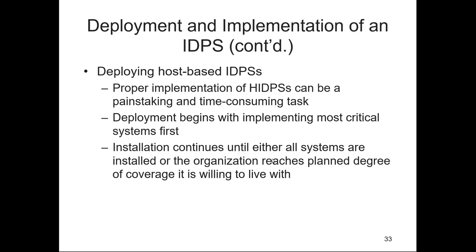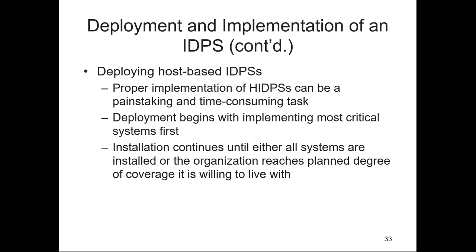Maybe I don't have to implement the host-based IDPS on all systems. The organization can decide that this is the degree that we like, that we're covered like this, and maybe if we need other coverage, then we will look at that later on.